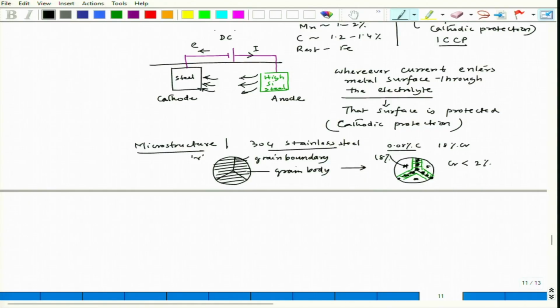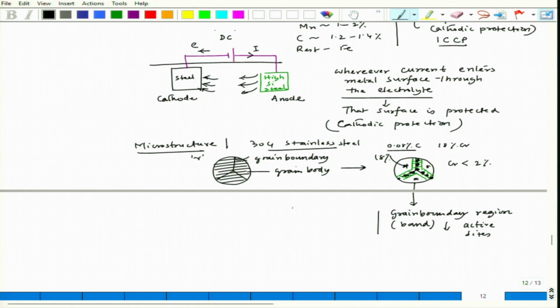Now, what would be the effect? The effect is you will see that this grain boundary region, which we can say is a narrow band, will be active sites, and the rest of the region will have passivity, and here we do not have passivity.